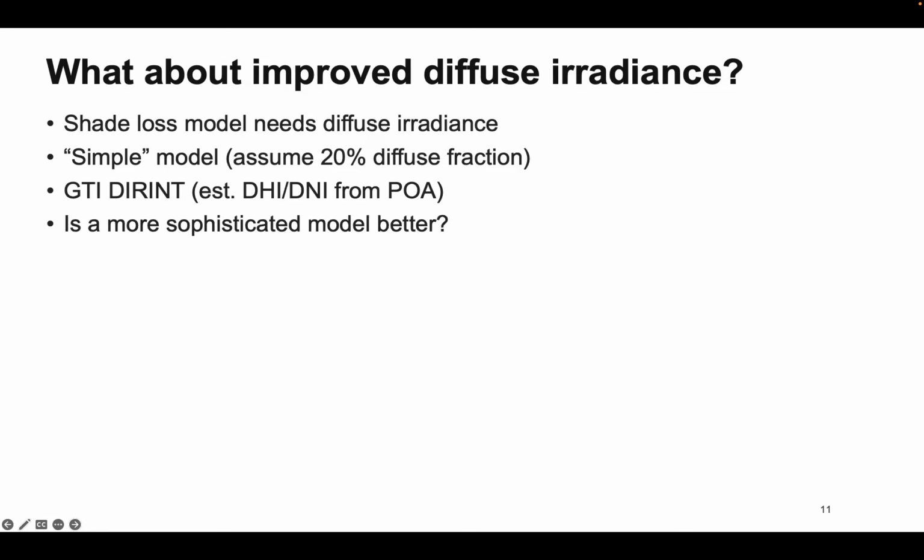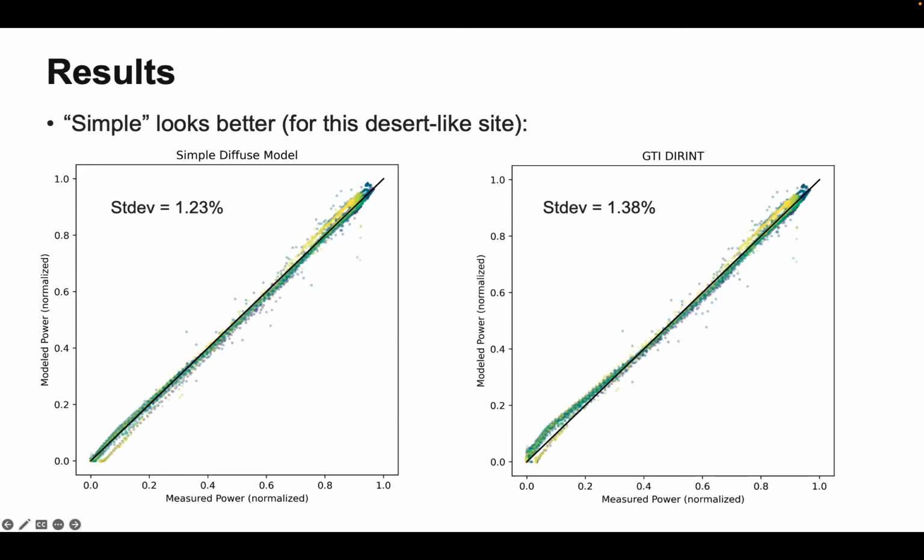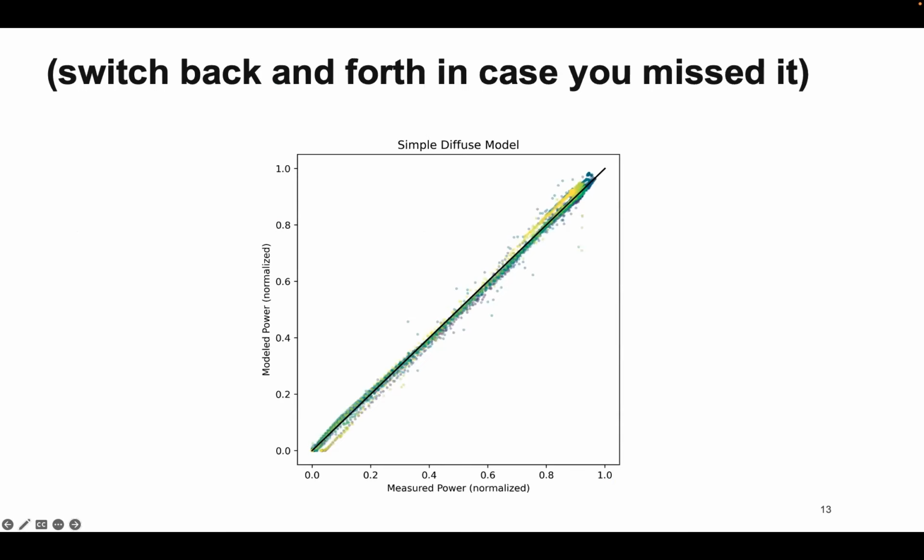We want to know, is a more sophisticated model better? At least the way I implemented it, it is much slower. So is that time worthwhile? I think the short answer so far, assuming I didn't make any mistakes, is that it is not better. The simple approach for this particular site seems to work better. And again, I'll switch back and forth so you can see what's going on.